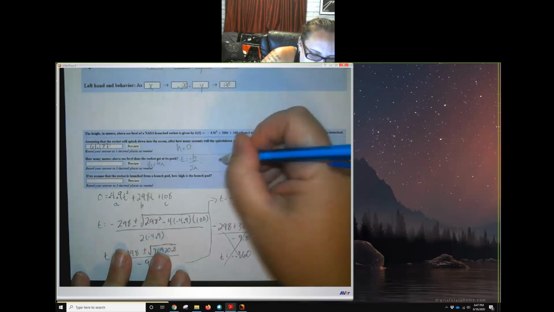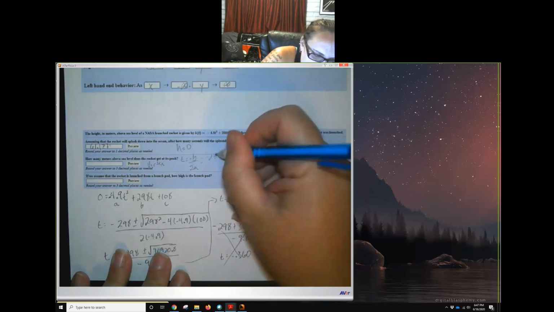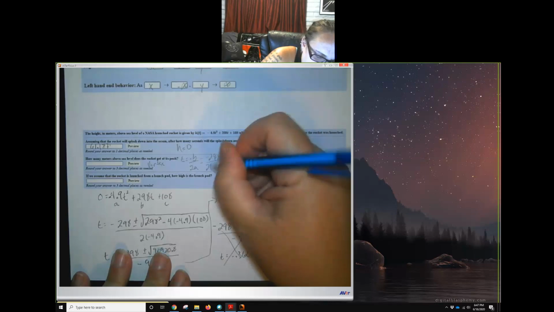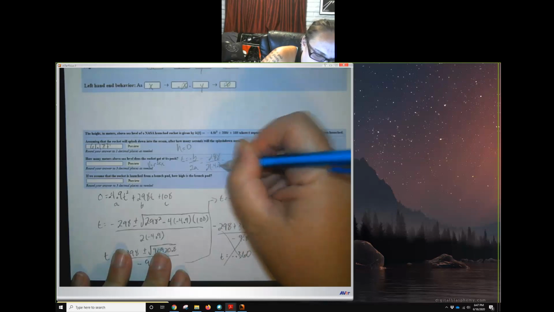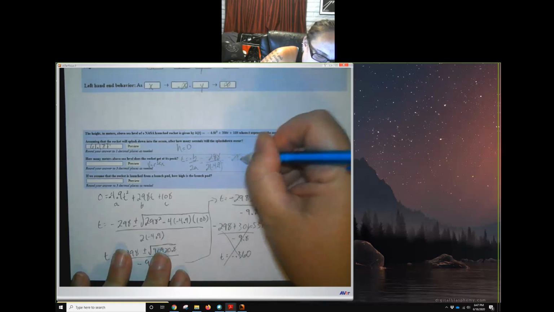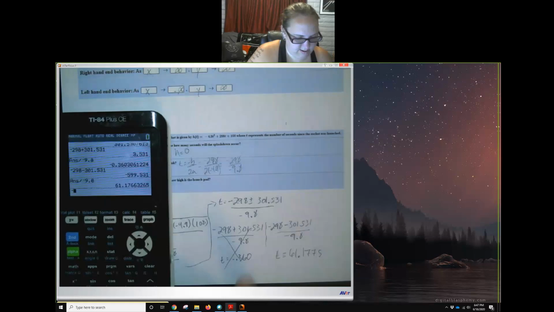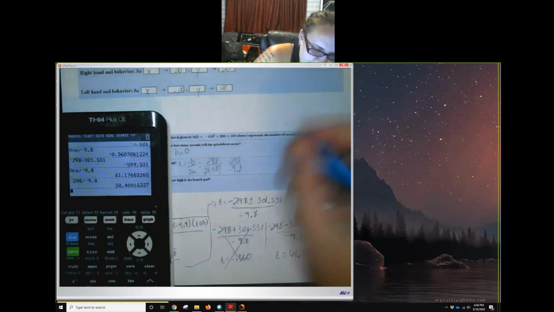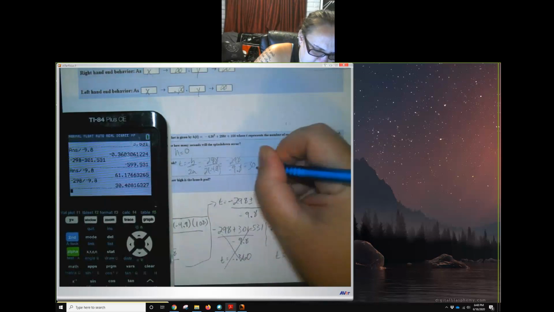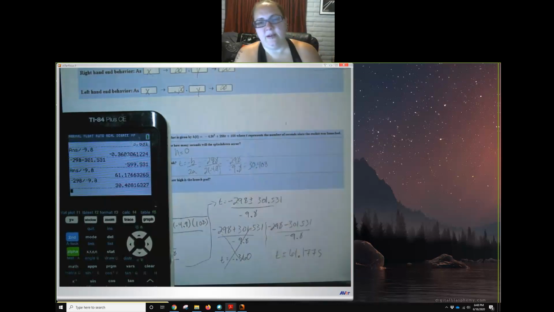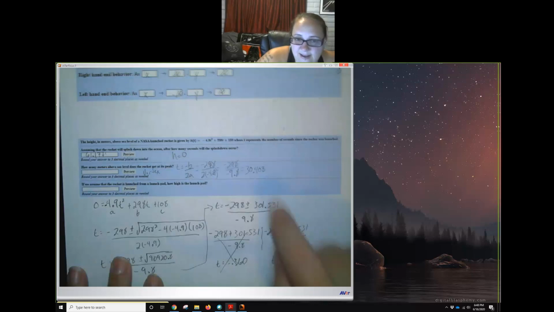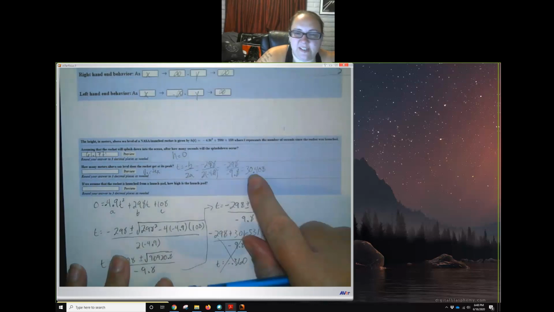So here that would be negative 298 over 2 times negative 4.9. So negative 298 over negative 9.8. Now that's the time at which it reaches its peak.